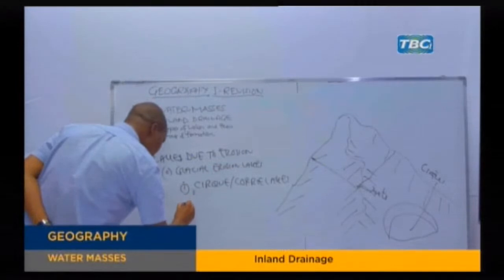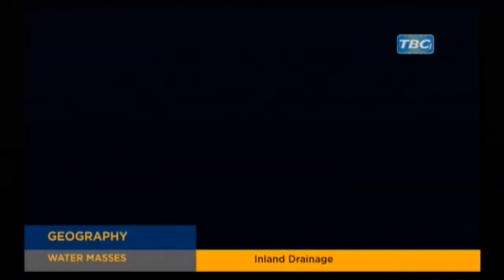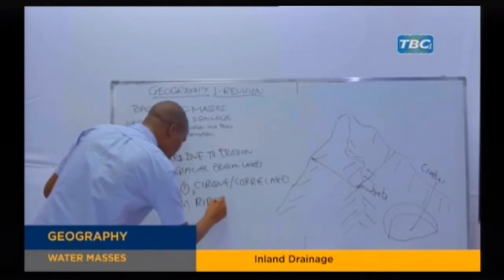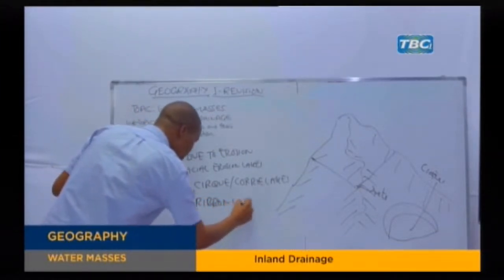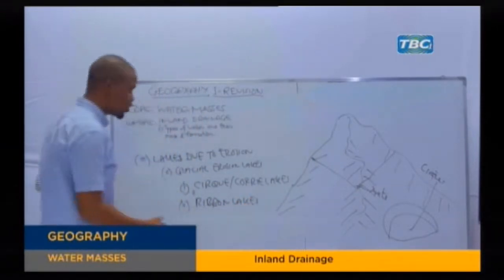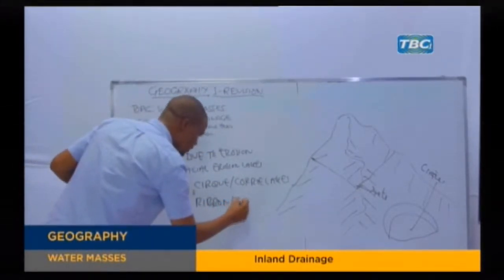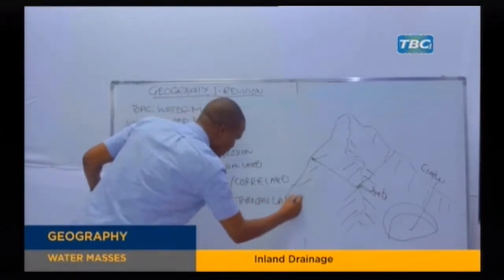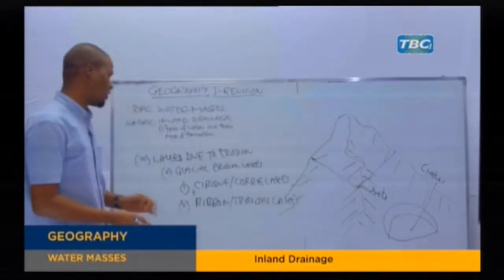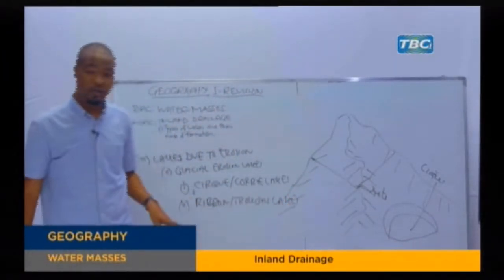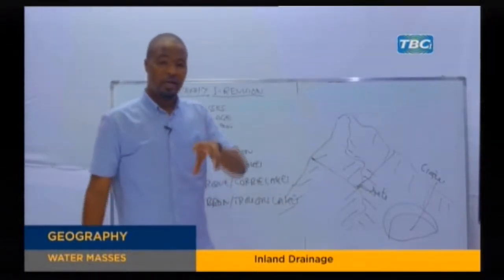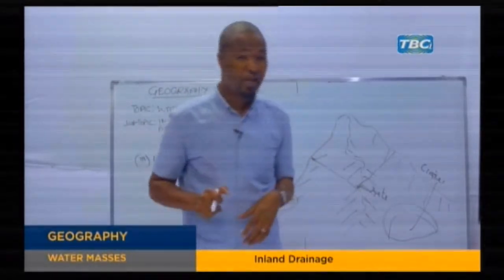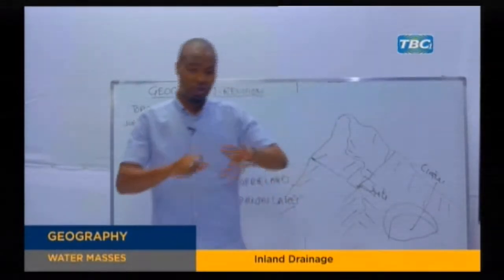Then we go to the second type of glacial erosion lake, which is known as the ribbon lake, or sometimes the trough lake. What is a trough? The ribbon or trough lake refers to the lake formed when water occupies the elongated depression excavated by ice on the floor of a U-shaped valley.